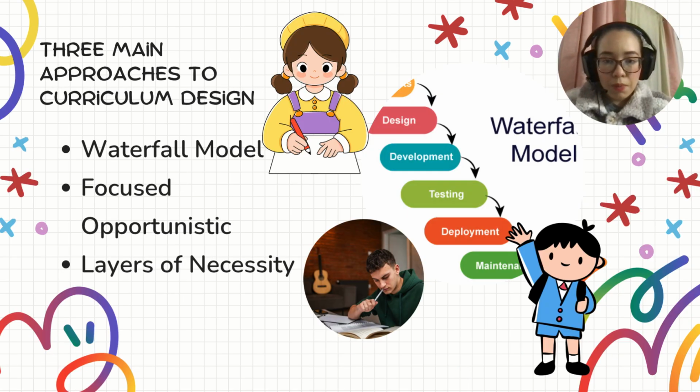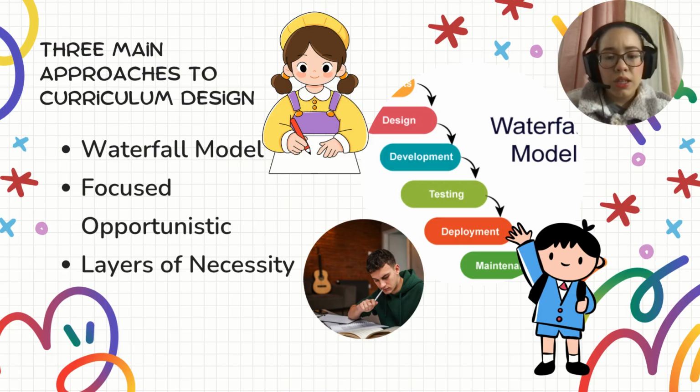The three main approaches to curriculum design. Chapter 9 describes the three main approaches. The first is the waterfall model, where each step is completed before moving to the next one. The second is the focused opportunistic approach, where teachers start teaching and gradually improve one aspect of the curriculum at a time.